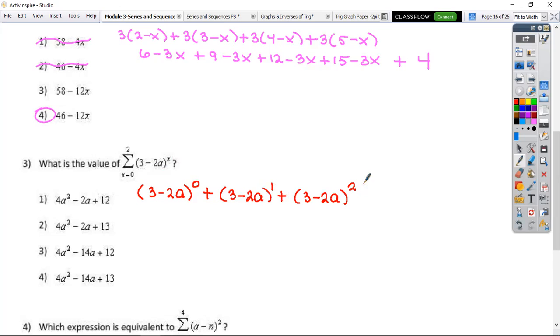Does anyone remember something special about 3 minus 2a to the 0? It's 1. So then this just becomes plus 3 minus 2a.